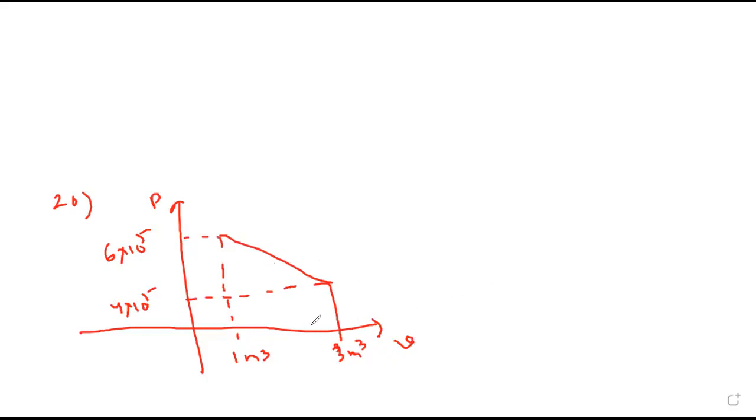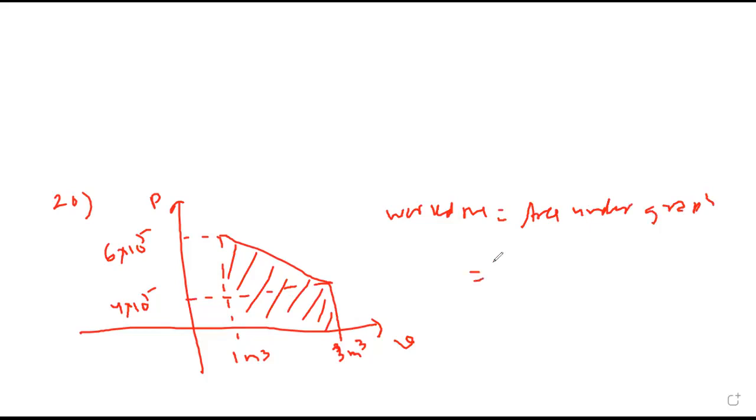Work done will be area under the graph. That means this whole thing is work done, which is half of the sum of parallel sides into the perpendicular distance between them.